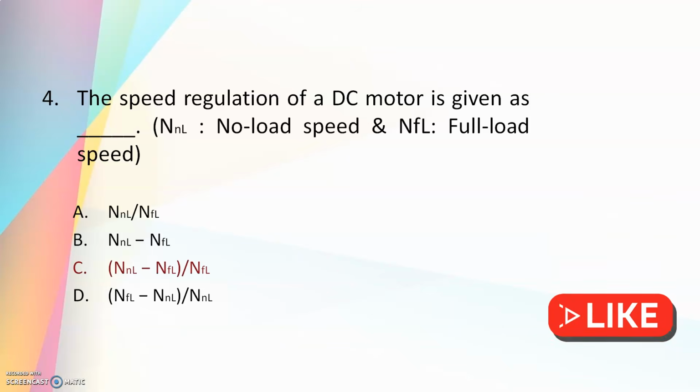And the answer is NNL minus NFL by NNL. The speed regulation of a DC motor is defined as the change in speed when the load on the motor is reduced from full load to zero, and it is expressed as a percentage of rated full load speed.